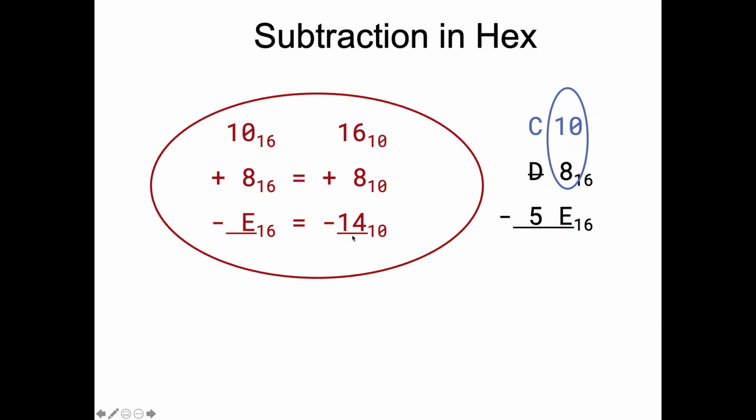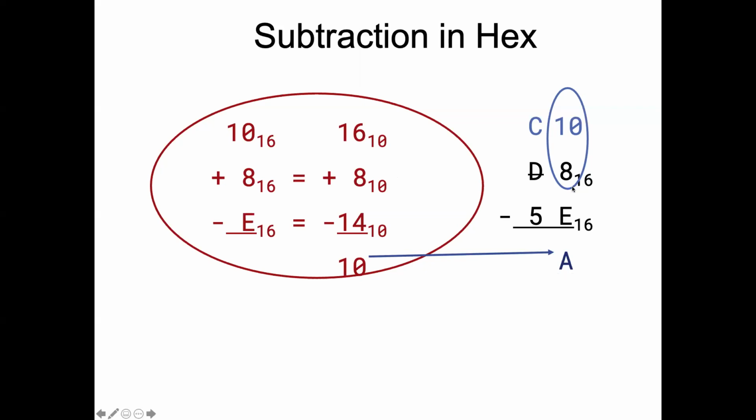The E I'm subtracting from it is worth 14. But the 1 0 that I borrowed in hexadecimal is worth 16 in base 10. So 8 plus 16 minus 14 gives me 10 remaining, and 10 in hexadecimal is A. So I get A in the low order hex digit.